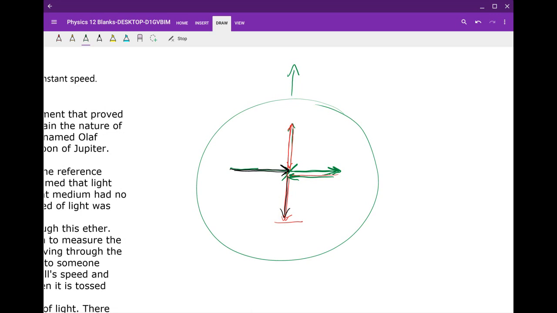Does it make the light travel faster or slower in this red direction than in this green direction? And they discovered that it does not. It has absolutely no bearing on the velocity of the light, so these two beams end up landing there at the same exact time.